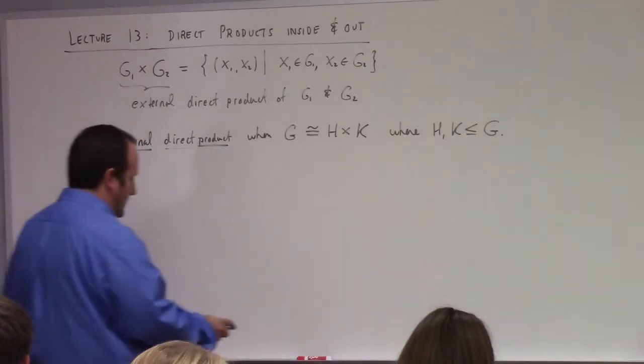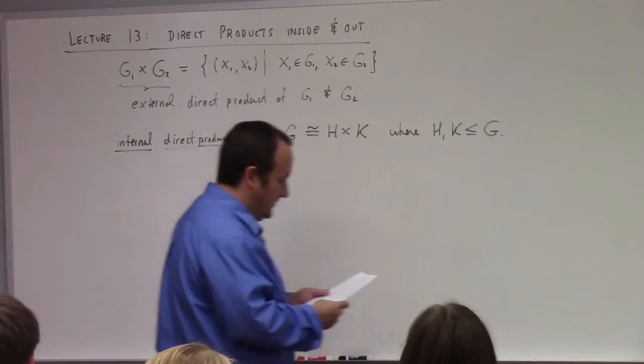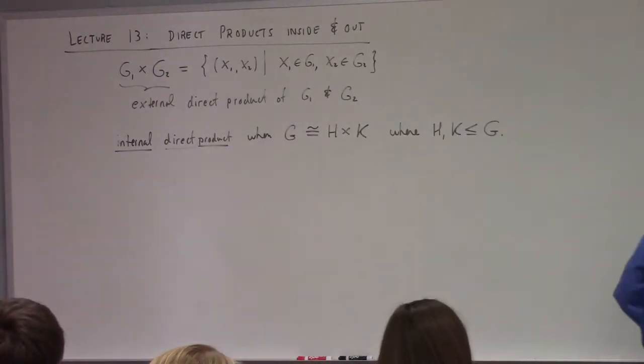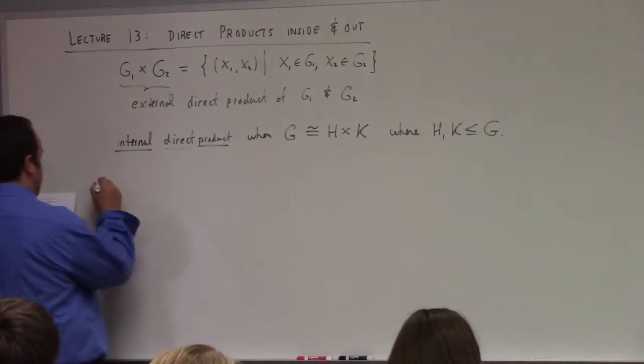And this, so this was not the definition. This is actually intuition. The definition is not going to look immediately like that. The definition is going to look somewhat divorced from this at first glance. Here's the definition.